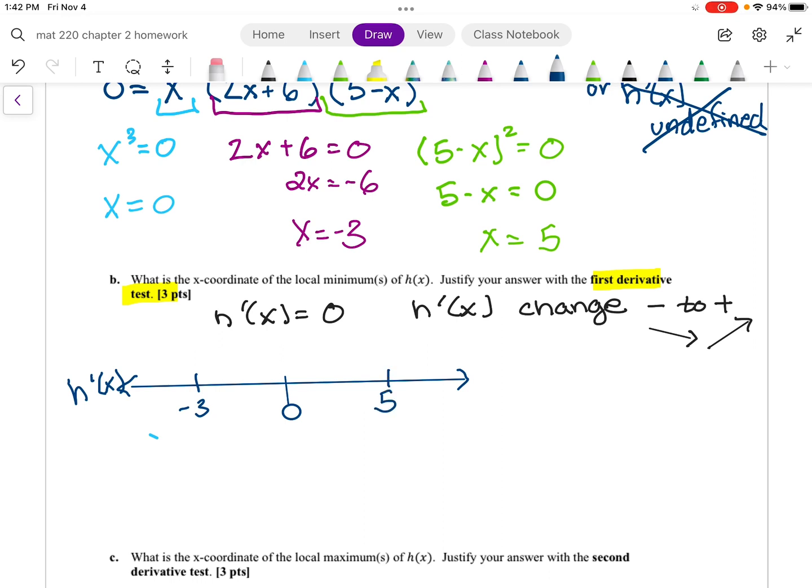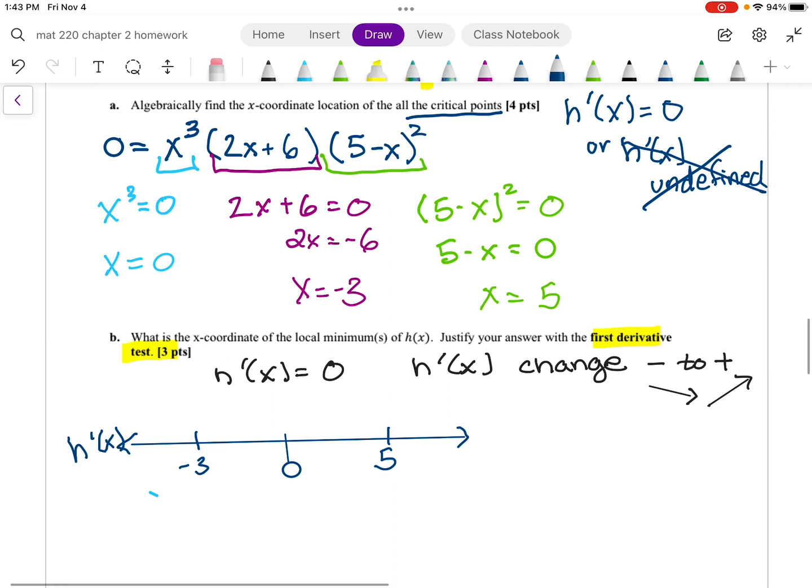And now basically I need to figure out, is my derivative positive or negative between these numbers? So going back up here, I'm going to start to the left of -3. Now I need to pick a number that's smaller than -3, something like -4. If I go through, -4 cubed is going to be negative.